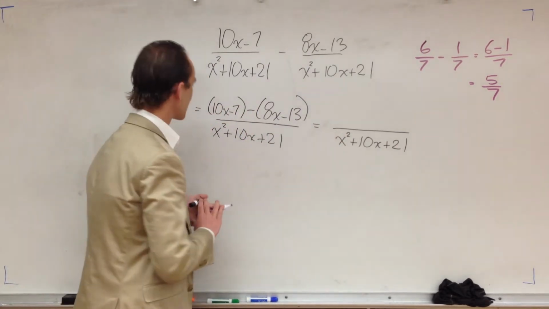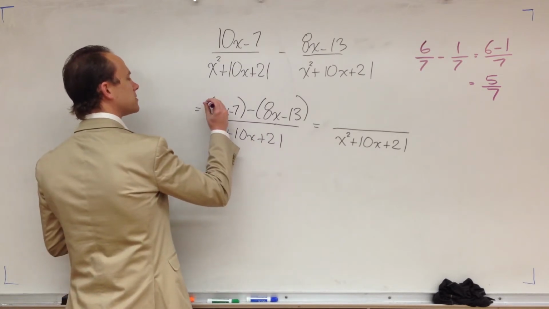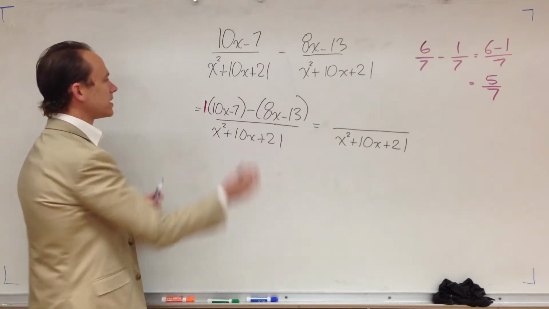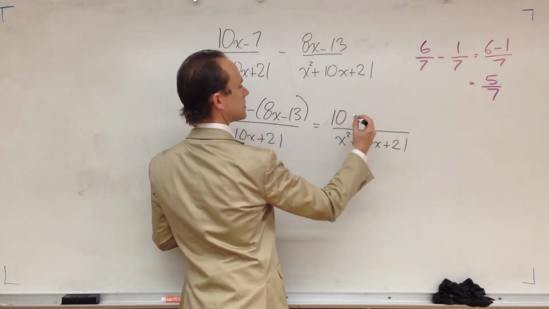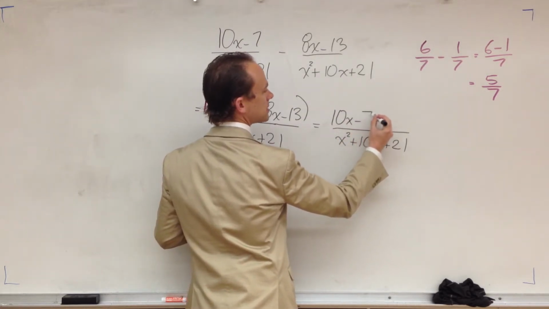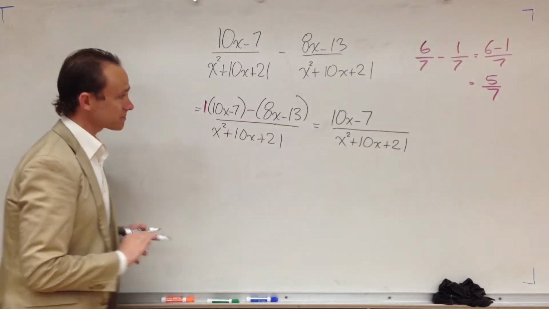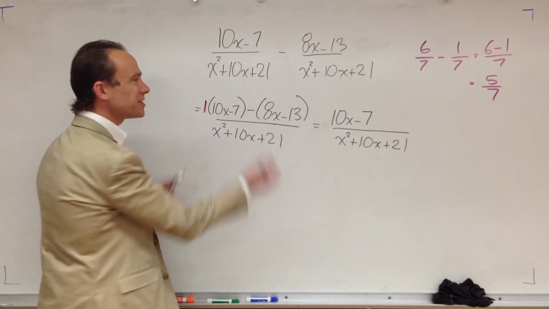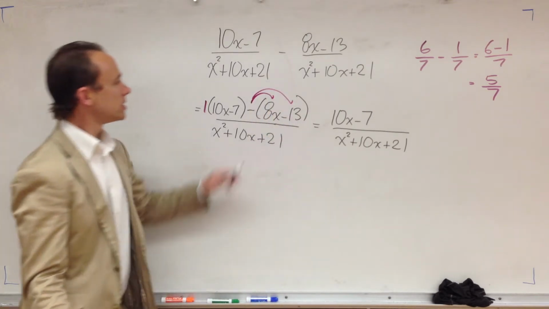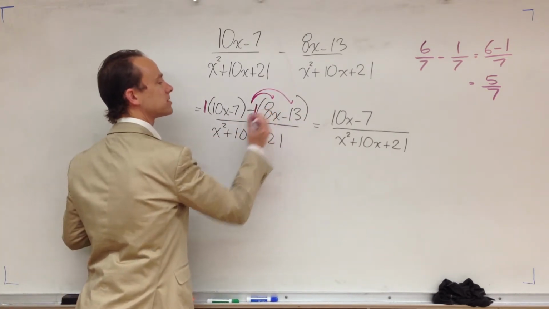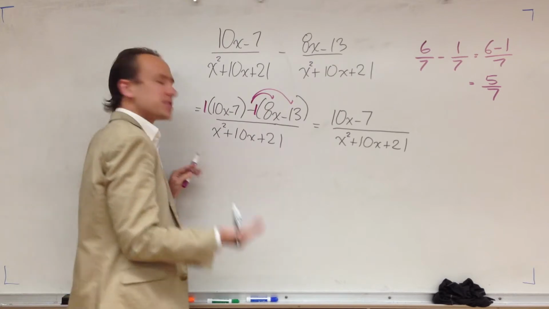Now, there's technically a positive 1 out there that we don't write, and if you distribute a positive 1, nothing changes. So the 10x minus 7 remains the same. We want to subtract these values, but they're inside parentheses, so you distribute what amounts to a negative 1, and all the signs change.